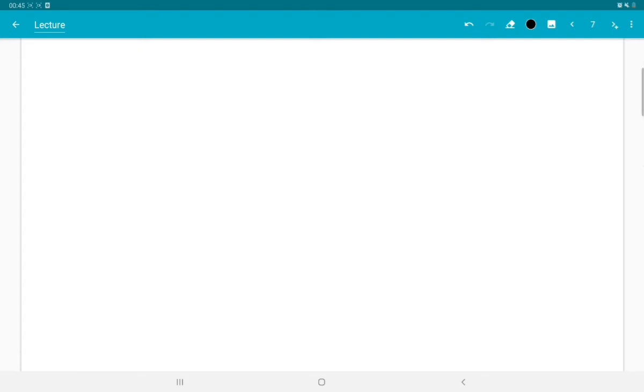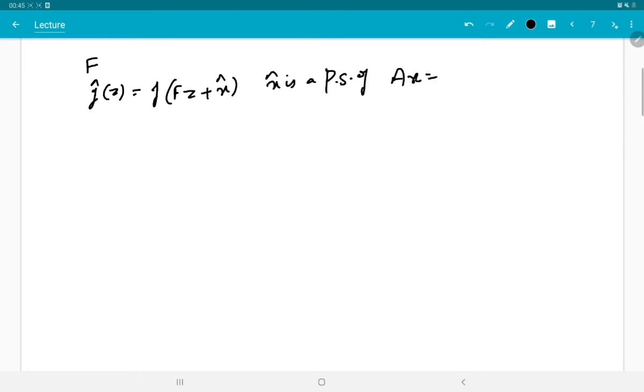So this is what we did. We introduced a matrix F such that f hat of z equals f of (Fz plus x hat). x hat is a particular solution of Ax equal to b.